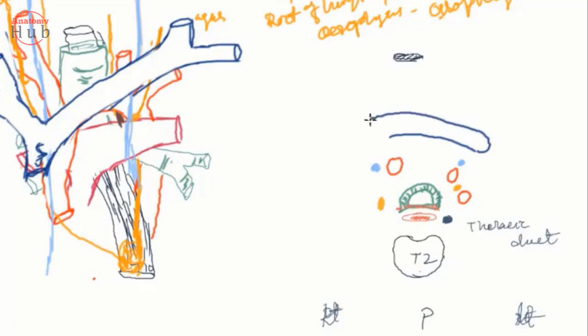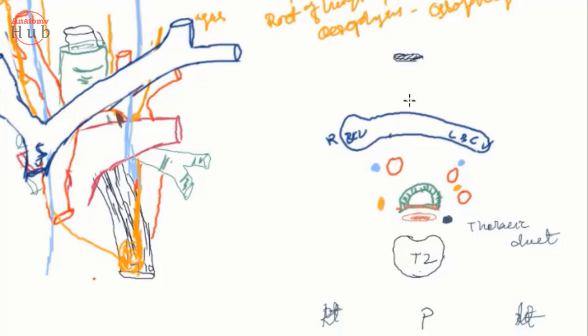Then here it makes something dilated because of this right brachiocephalic vein, and that forms here the superior vena cava. So this structure will be present over here. This is your left brachiocephalic vein, and this is your right brachiocephalic vein. Just this section we have taken.